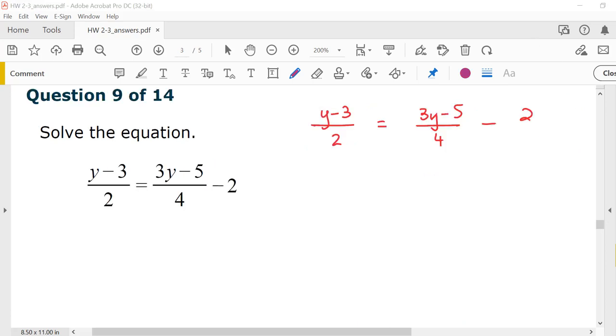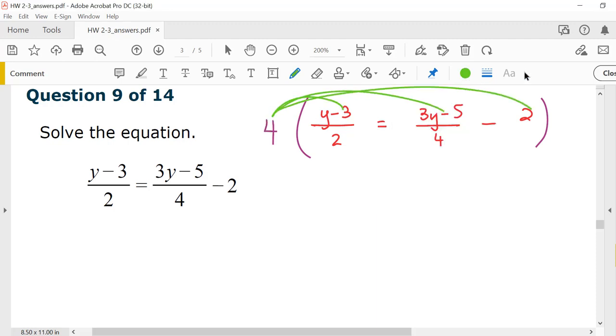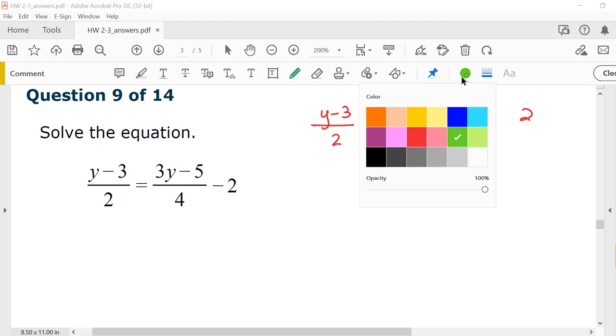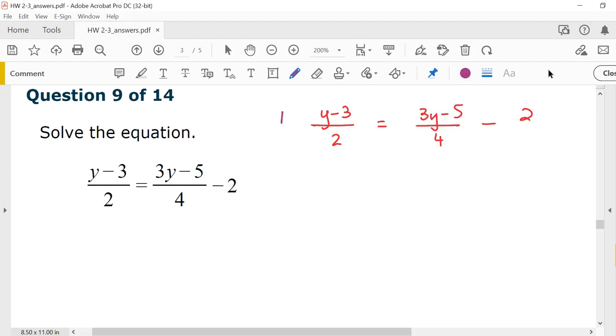Number 9, the least common denominator on this equation is 4. So if I want to multiply every term by 4, like this, I'm going to write it a different way though. I'm going to say multiply this term by 4, multiply this term by 4, and multiply this term by 4.